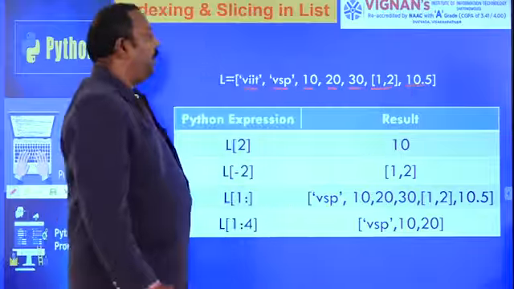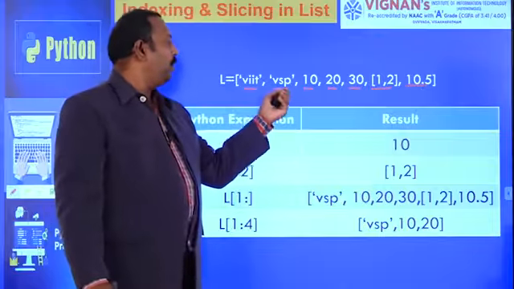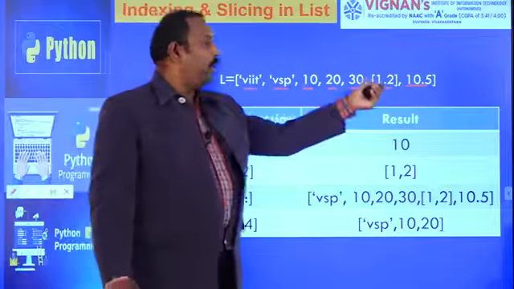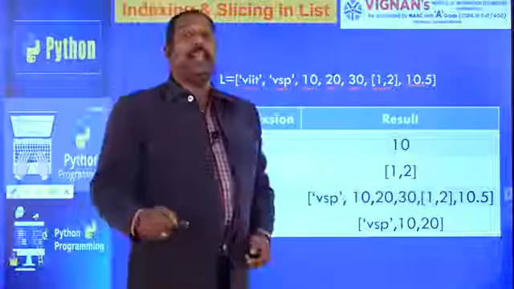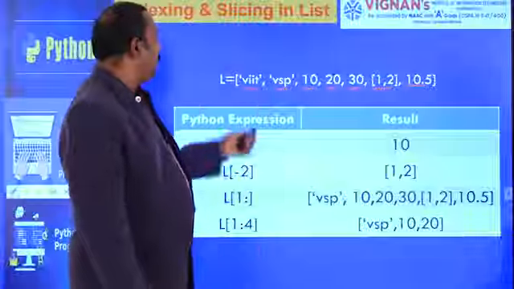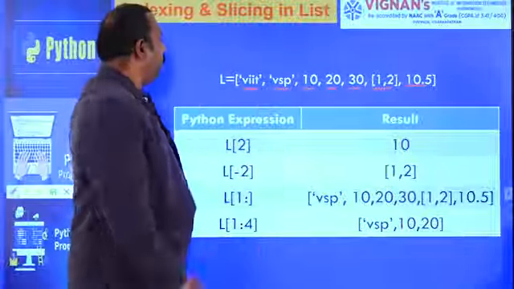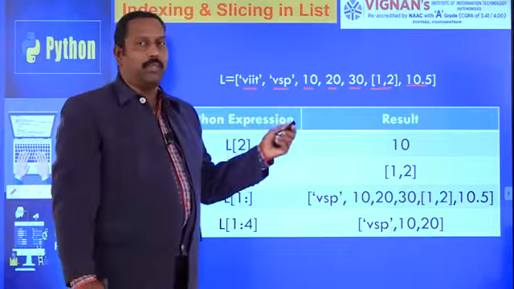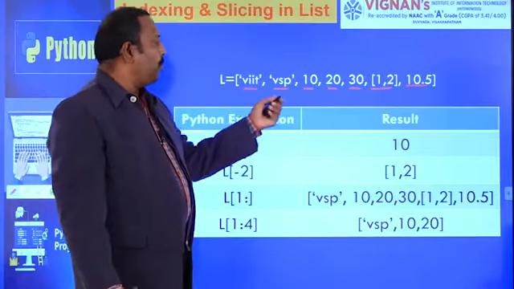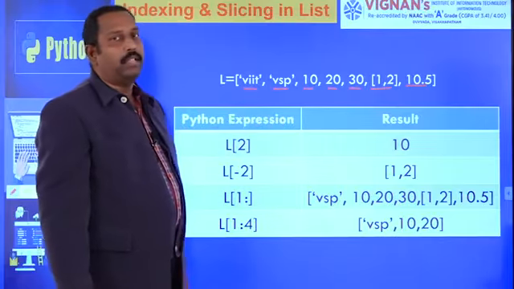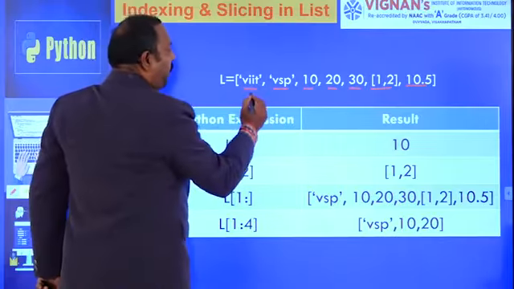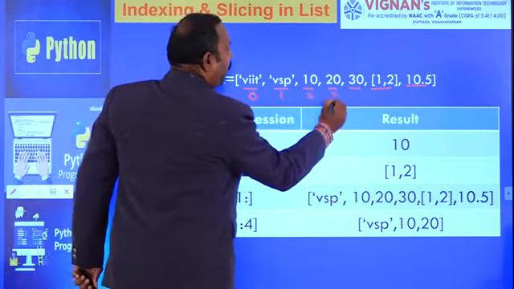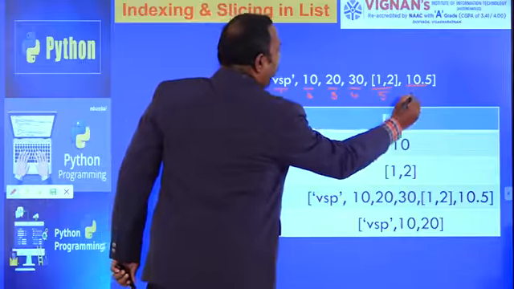Because a list is a collection of heterogeneous objects, one is an integer value, another is a string data type, another is a float, and another is another list. Now you see L of 2. Indexing can be done in two ways, we already know: one is a positive index and the second is a negative index. In the positive index, the first element is index 0, then 1, 2, 3, 4, 5 and 6.